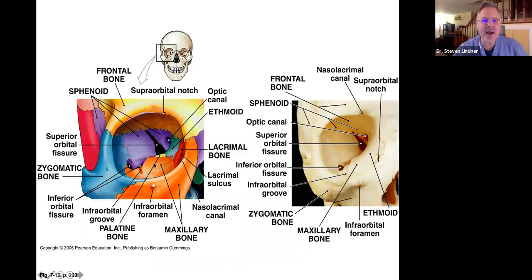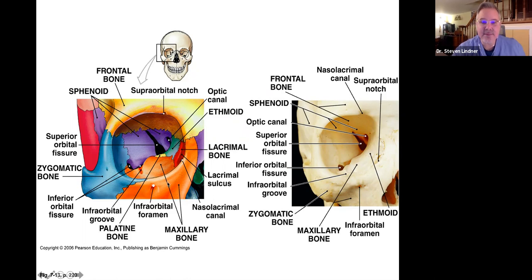Okay, when we look at the eye orbit, again, you have your supraorbital foramen. If you don't see a full hole, sometimes they call it a supraorbital notch. But the notch is just the foramen that didn't make its full circle. Underneath it, infraorbital foramen. And now let's find LES. So here's the lacrimal bone, the ethmoid bone, and the sphenoid, LES.